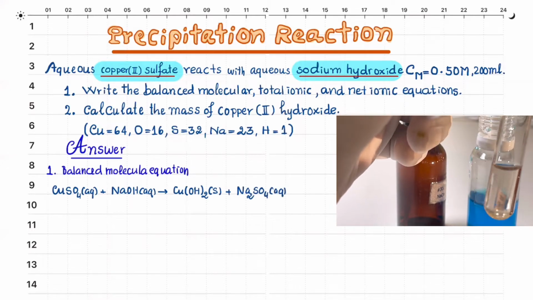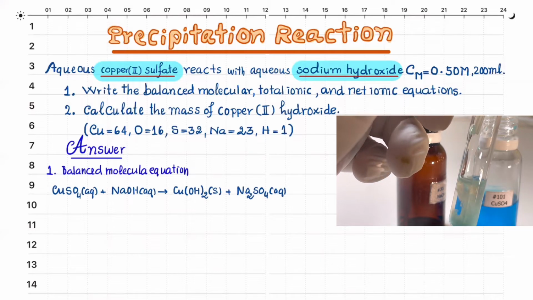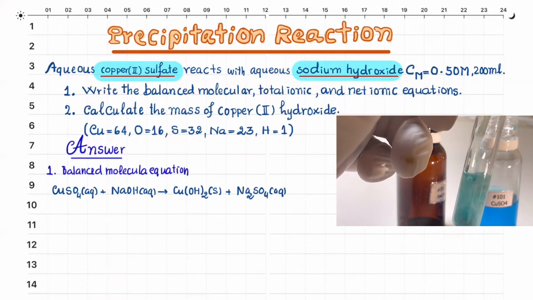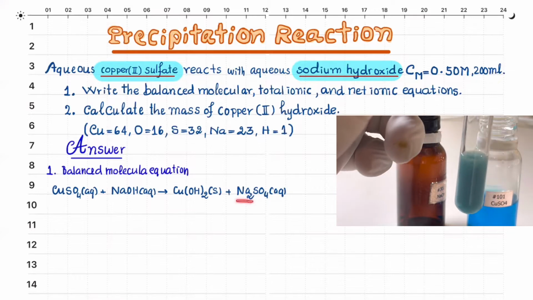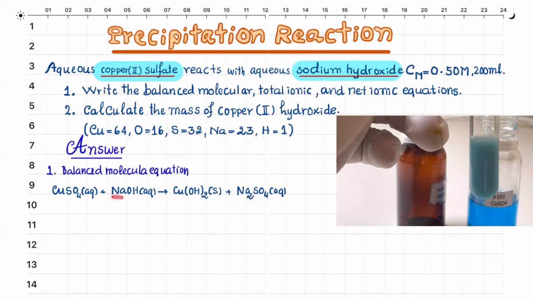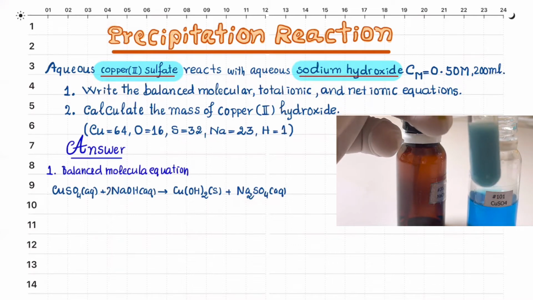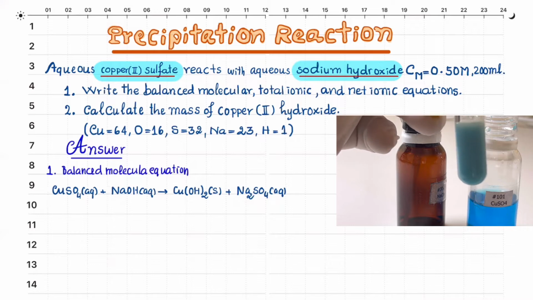After we write the equation, we have to balance it. Sodium in the products is 2 atoms and in the reactants it is 1 atom, so you have to add a 2.